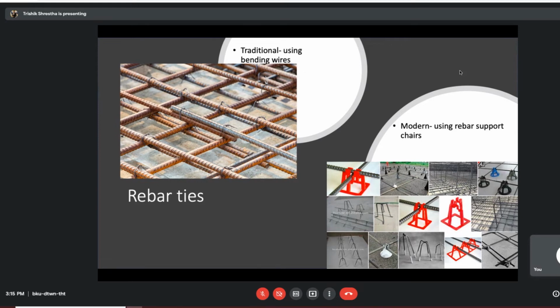I didn't use it in the entire project, just the ground surface concreting portion, and it worked flawlessly. The thing about these small support chairs is that if you know how to make them, it's very easy to make these right here in Nepal. It's not a very complicated tool to use. It's not a very complicated tool to manufacture.